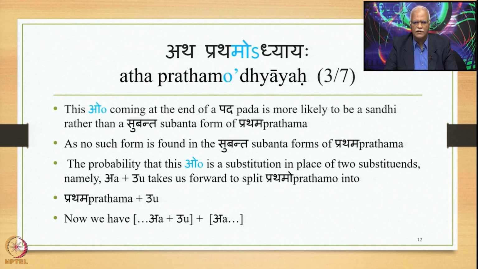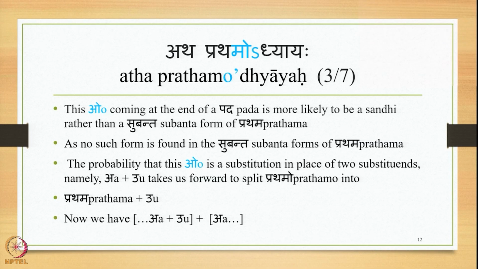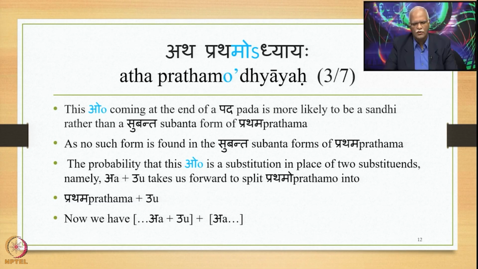Given this fact, the probability that this O is a substitution in place of two substituents, namely A and U, takes us forward to split Prathamo into Prathama plus U. Now if we put Prathama plus U in place of Prathamo, because we split Prathamodhyayah as Prathamo and Adhyayah, we have a scenario where we have A plus U at the end of the pada, followed by another pada that begins with A. So we have A plus U plus A, this environment.